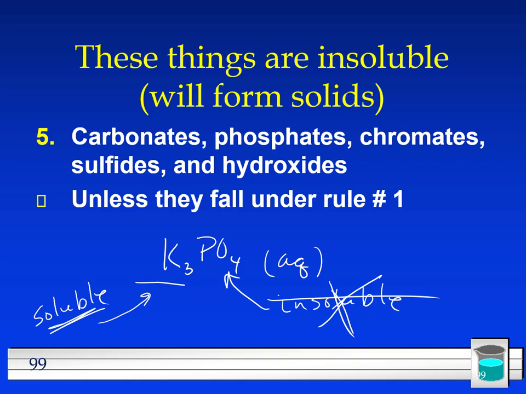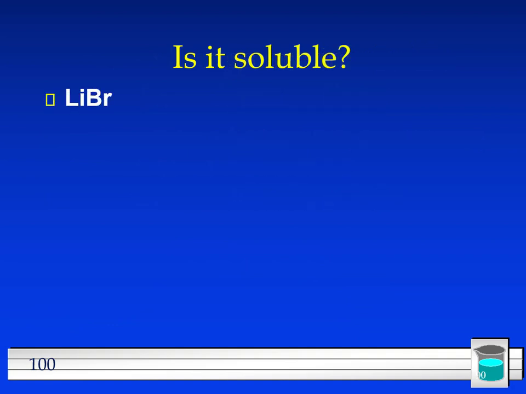Okay, so let's try it with a few compounds, see how it works. Is LiBr soluble? Will LiBr dissolve in water? The way you do it is you check rule 1, and if that one doesn't apply, you check the rest.